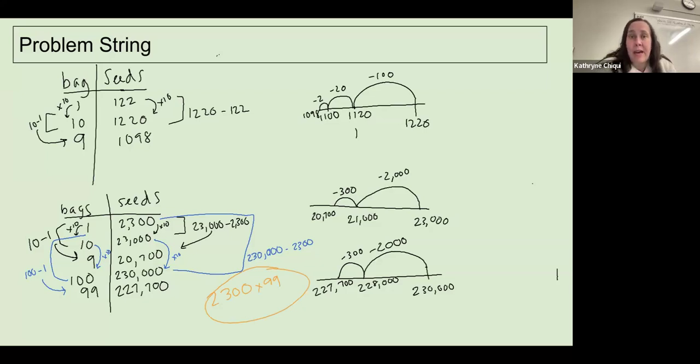You might have had some hiccups along the way, or you might still be struggling with this and might need some more exposure to this kind of strategy. And that's normal. Some of my students get it on the first problem string, but most of my students need to see multiple problem strings to be able to really dig into an idea, dig into a strategy. Yeah, Carly, that's a big math problem. All right, any questions about this problem string?